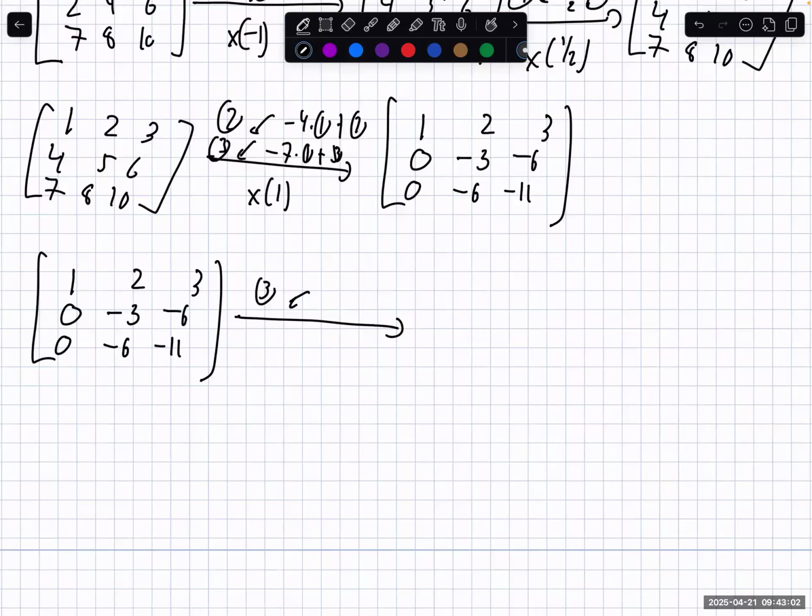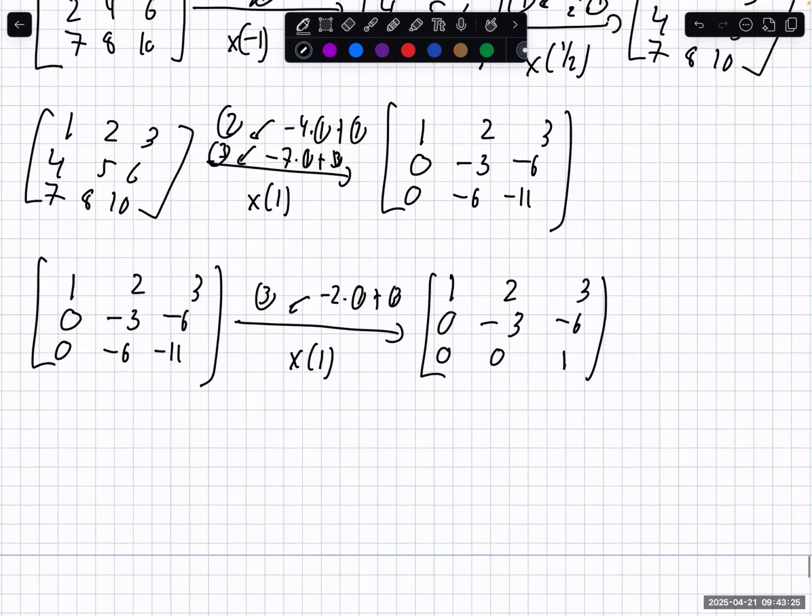And this is the elementary row operation that doesn't change the determinant. And then finally, I replace row 3 by -2 times row 2 plus row 3. That's -2, and that's -1.